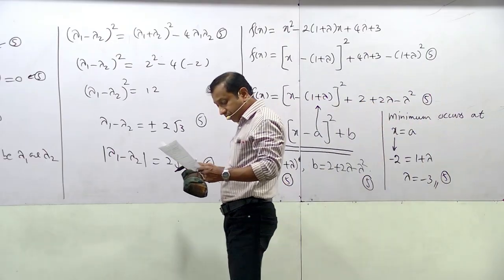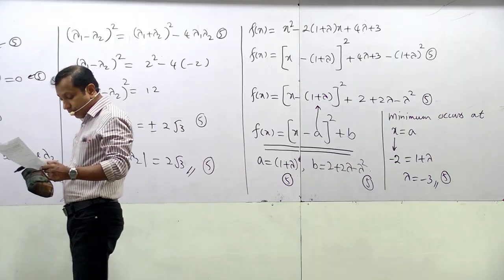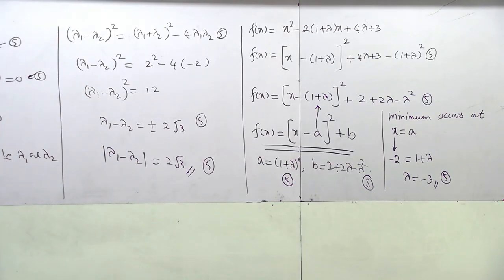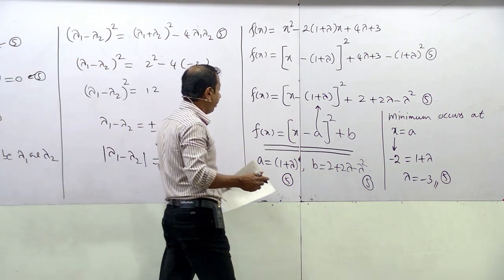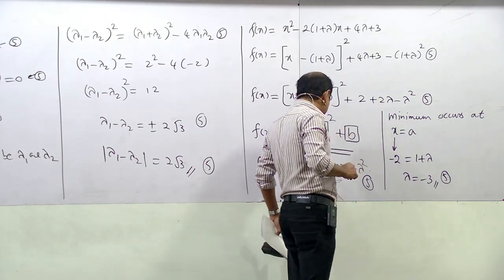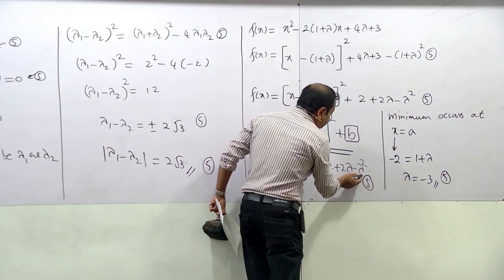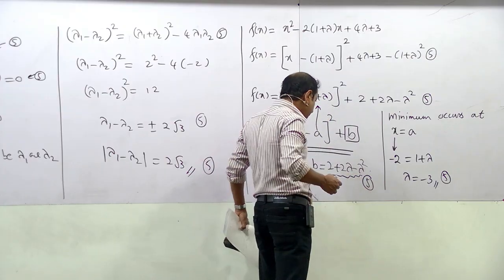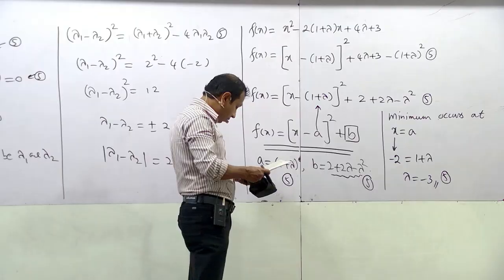Okay, next one asking to find also the minimum value of fx at this value of lambda. Minimum value of fx is going to be this b. Now we need to find the value of b when lambda is minus 3.